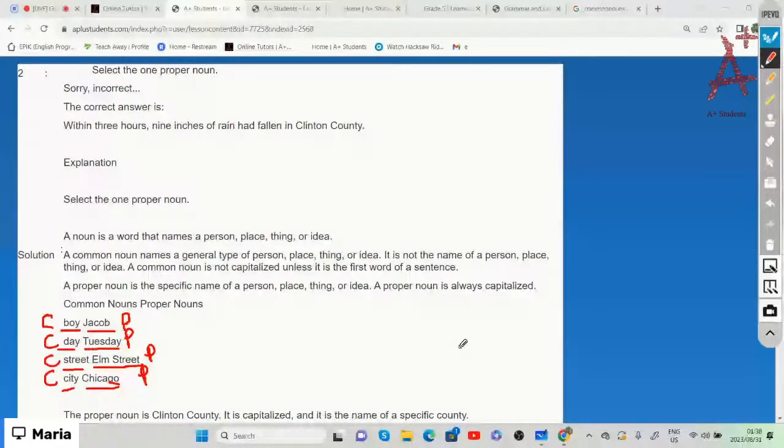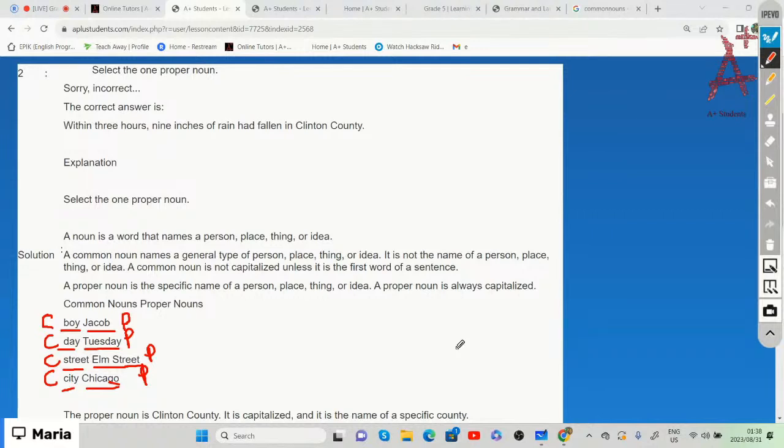And with proper nouns, it is the specific name of a person. It is saying the person's name, the person's surname: John Peterson. You don't just say that man. You are specifically making mention of John Peterson. If you want to give a specific place, we specifically say Chicago. We don't just say the city. The same with a thing. It needs a specific thing and a specific idea. That is a proper noun.